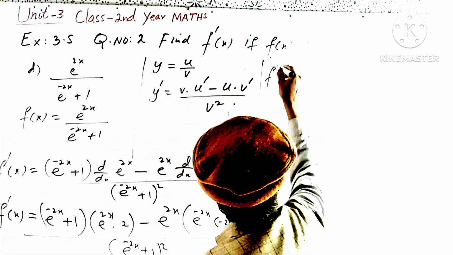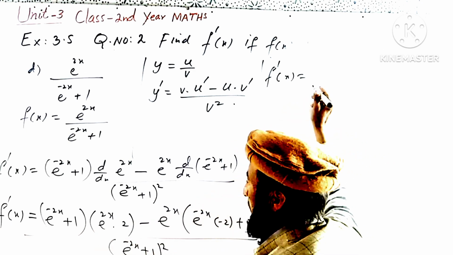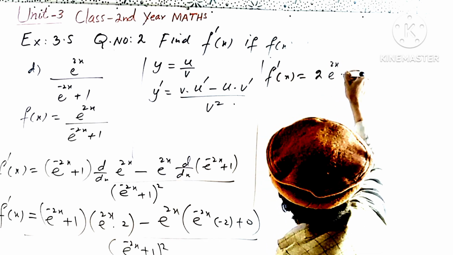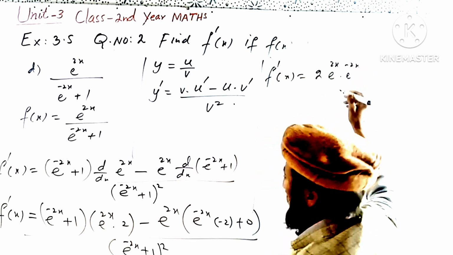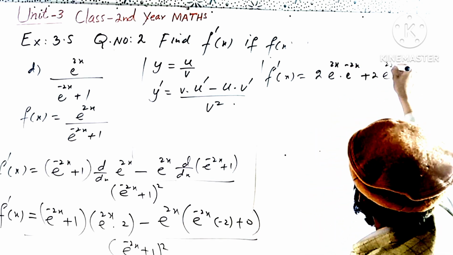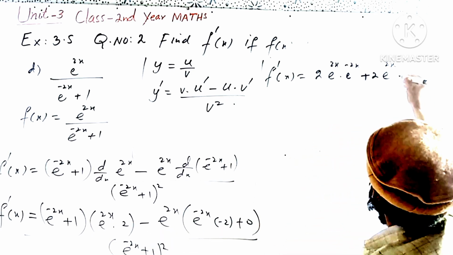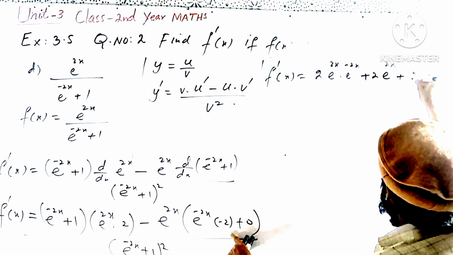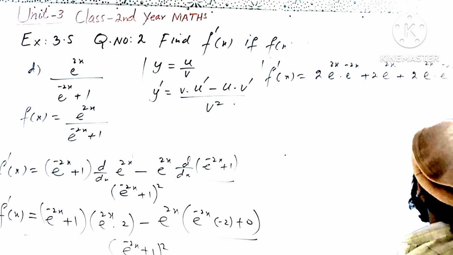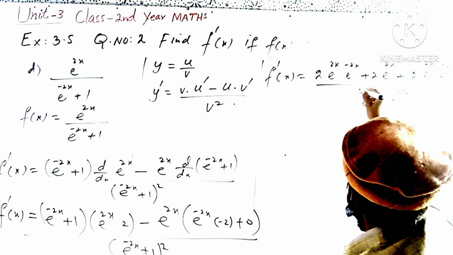Now f dash x is equal to 2, if we multiply 2 into e power 2x into e power minus 2x, plus 2 e power 2x, and similarly minus and minus gives plus 2 e power 2x e power minus 2x, divided by e power minus 2x plus 1 whole square.